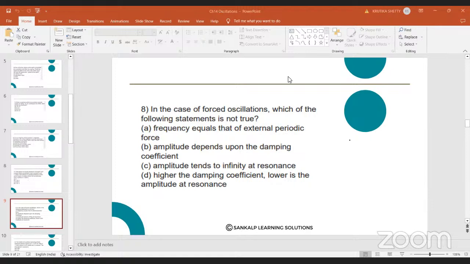Yes, correct. That is, amplitude tends to infinity at resonance. So it is never possible, so this is not true. It is correct. Yes, very good. Okay, then the next question.